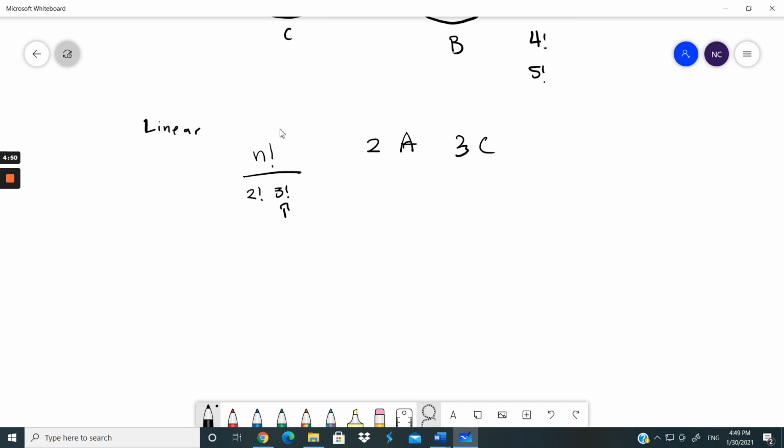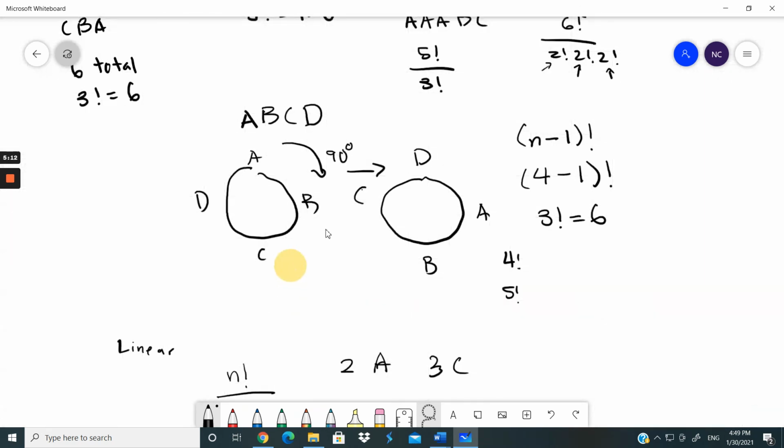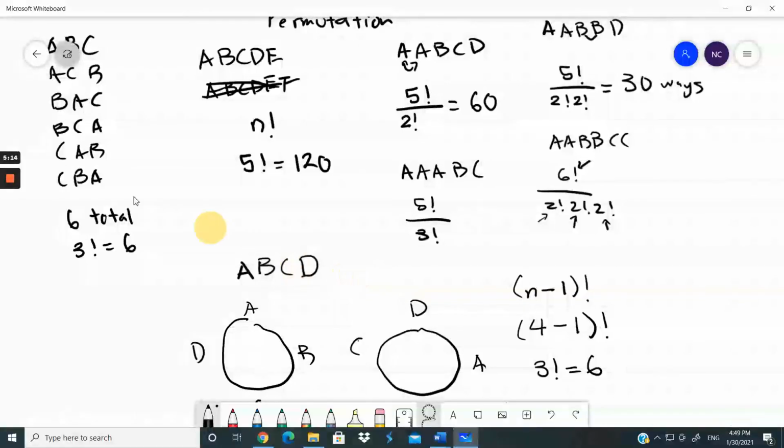Always remember repeats go down here, and the number of repeats is the number that goes in front of the factorial. And these are multiplied. For the number of circular arrangements, always just count the number of elements in the set, take one off, and then factorial it. All right, this was how to figure out linear and circular arrangements. Thank you.